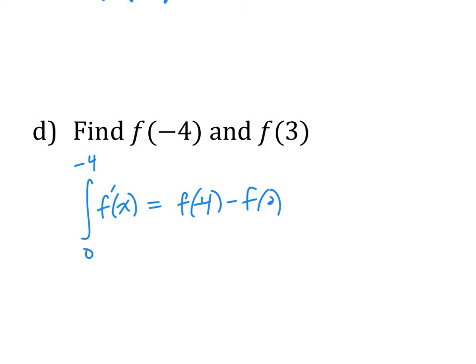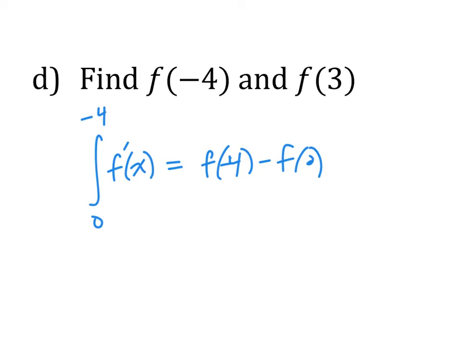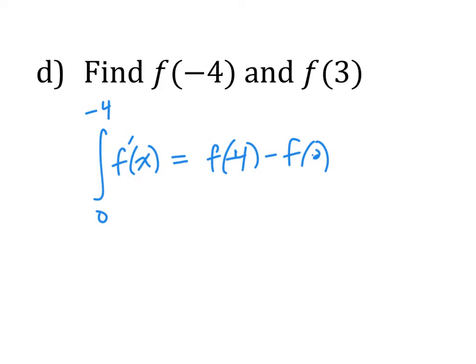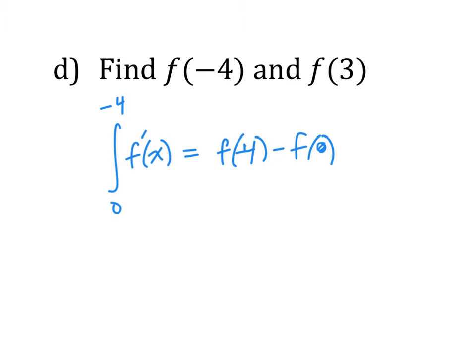Right? That's FTC number 2. Now you have to figure out what to do with all these limits and actually fill in all the numbers. Okay, so to do this question, first of all, when you see this, you're like, how do I even do this? You've got to remember FTC number 2, which says this thing applies. If you don't, it may take you a while to figure out the answer.